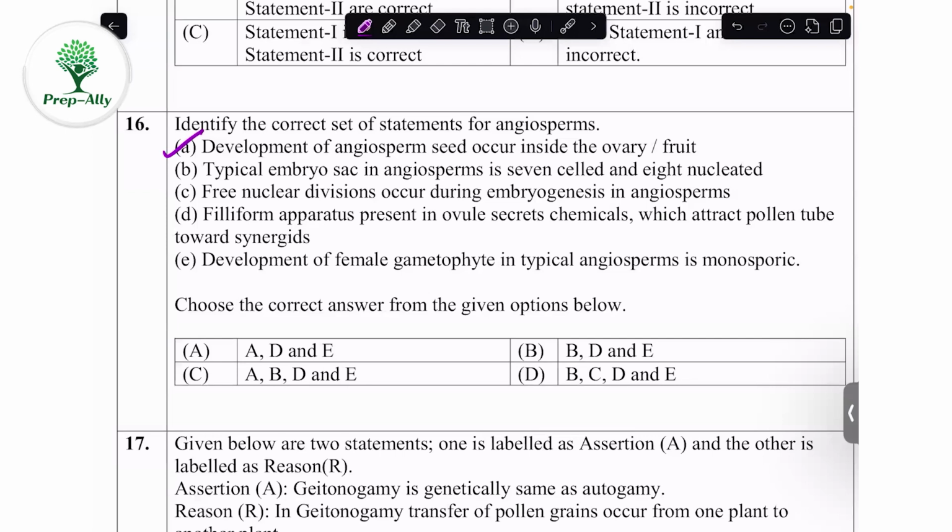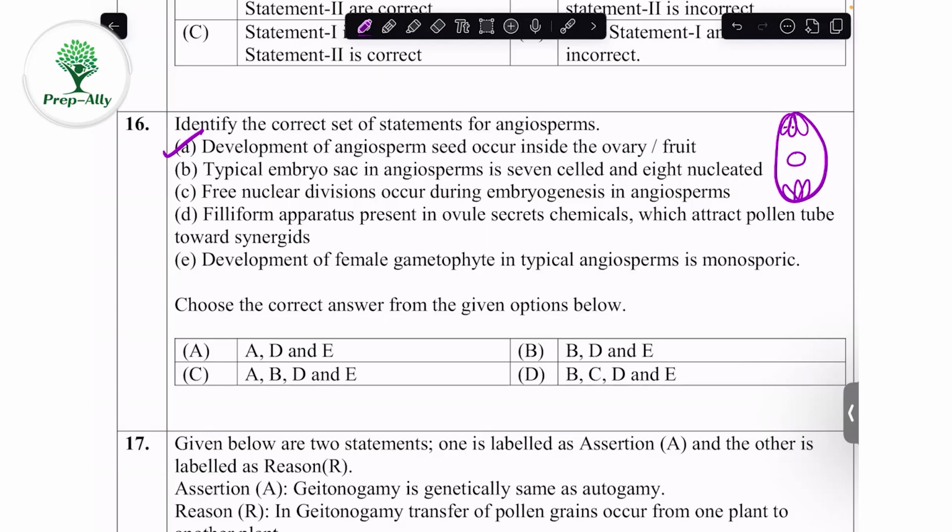Typical embryo sac in angiosperm is 7-celled and 8 nuclei. Yes. This embryo sac has antipodals and synergids along with the egg cell. The center one will be the polar nuclei.